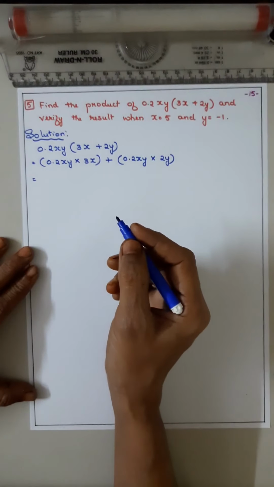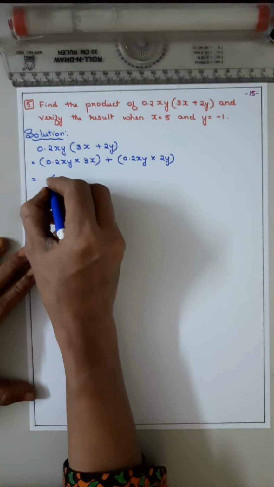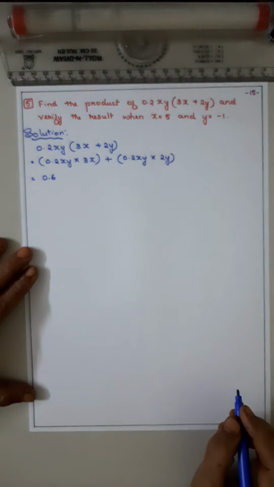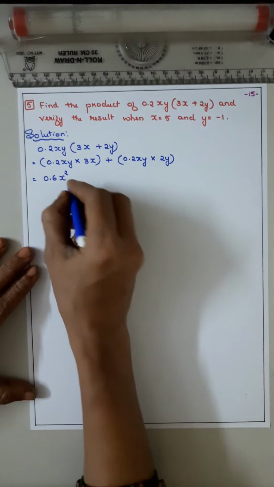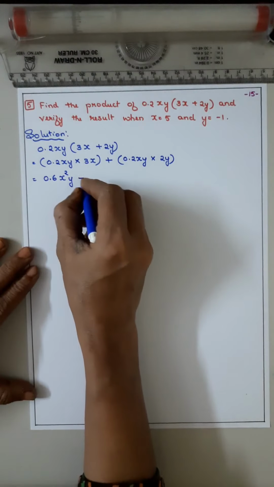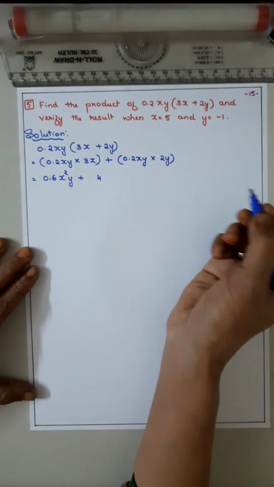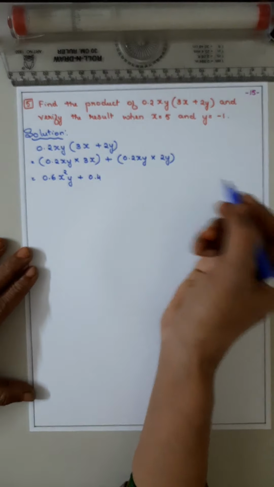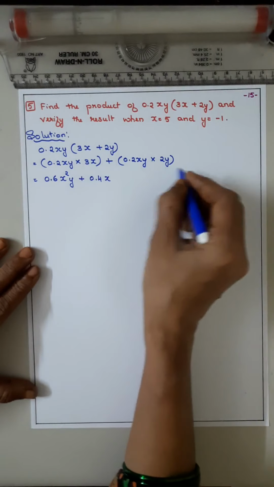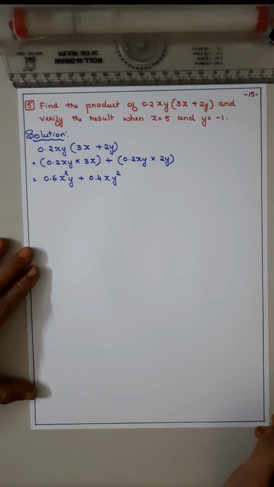Now multiply the numbers. 0.2 into 3, that is 2 threes are 6 and 1 decimal, so it is 0.6. x into x, x squared, then it is y, plus 2 twos are 4 and 1 decimal, so 0.4 x y two times, that is y squared.